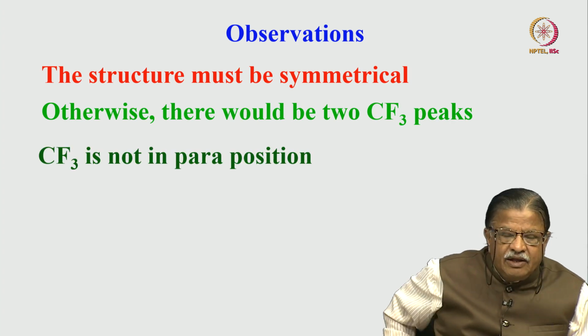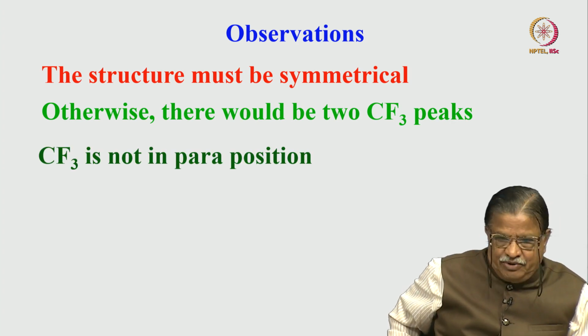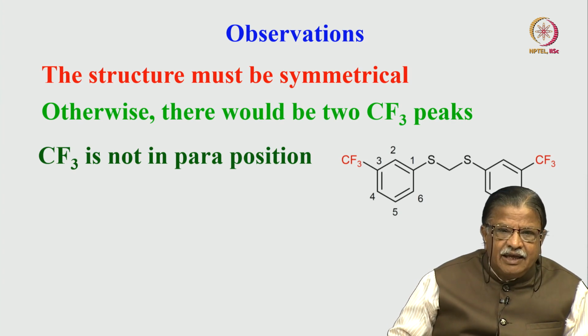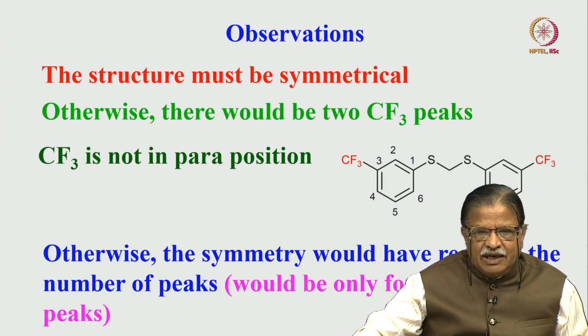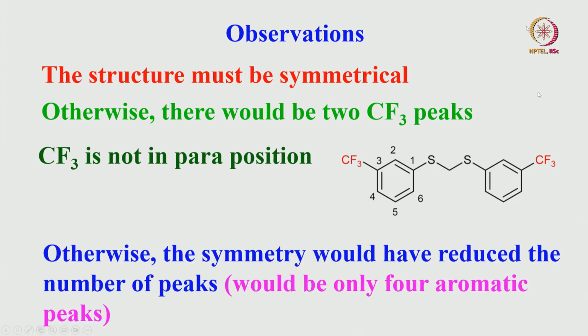That is fine. So, CF3 is also not in the para position. Why do I say that? If it was to be in the para position, the symmetry would have been reduced. For example, instead of here, if CF3 would have been here, then what would have happened? This carbon has chemical equivalence and this carbon has chemical equivalence.